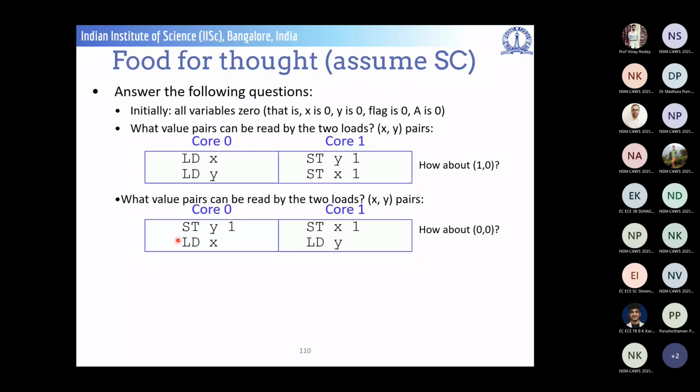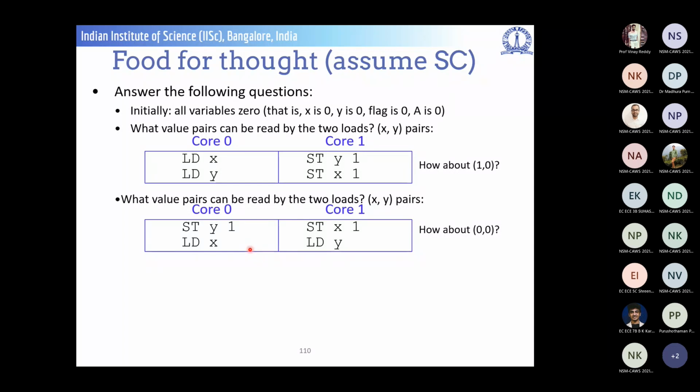If you have to get 0 value, then this load should have happened before this store. So put an arrow here. Now, if you have to get 0 for this load, you have to put a causality arrow, because this has to happen before the store to 1. Put an arrow here. Once you do that, if you find there is a cycle, then you know that that particular combination is not possible.